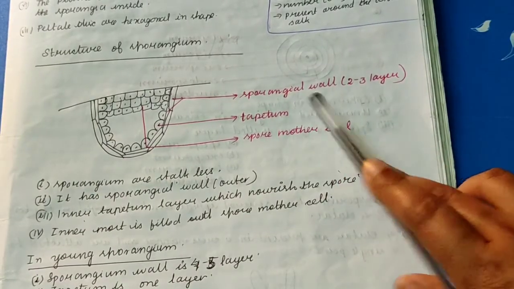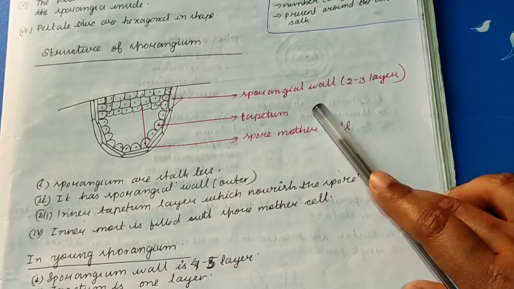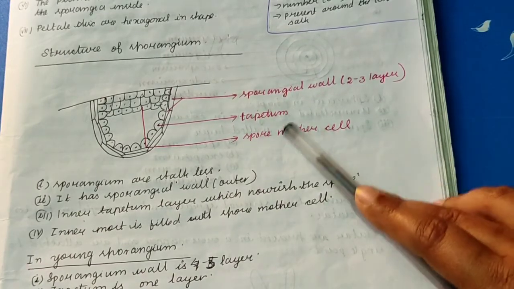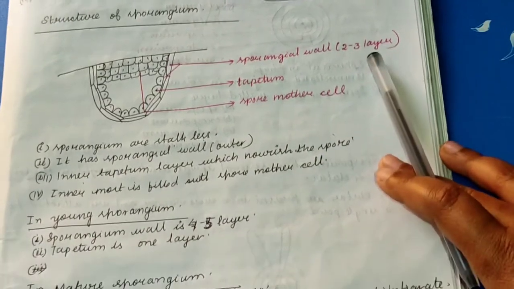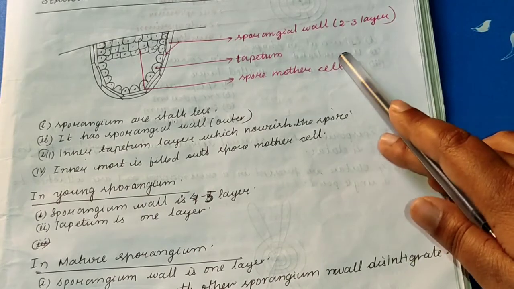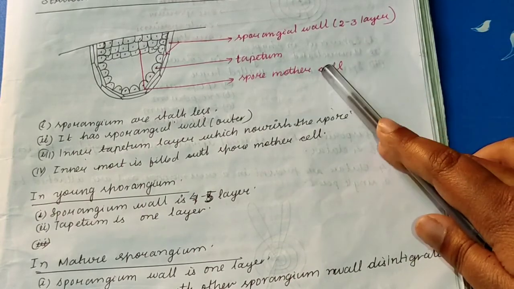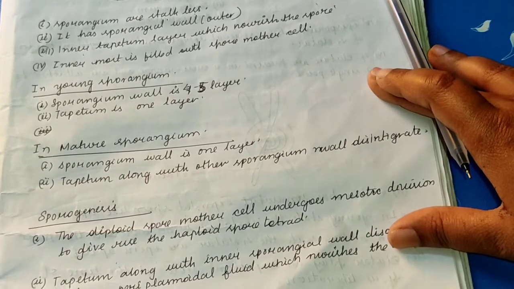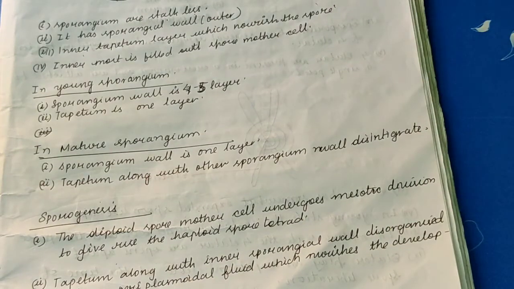The sporangial walls are 2 to 3 layers. Inner to the sporangial wall there is the presence of tapetum, and the tapetum provides nourishment to the spore mother cell. In younger conditions the sporangial walls are 4 to 5 layers and the tapetum is 1 layer. But in mature sporangium the wall is 1 layer, and the tapetum along with the other sporangial wall layers disintegrate.